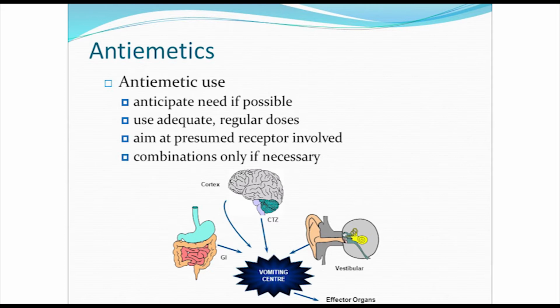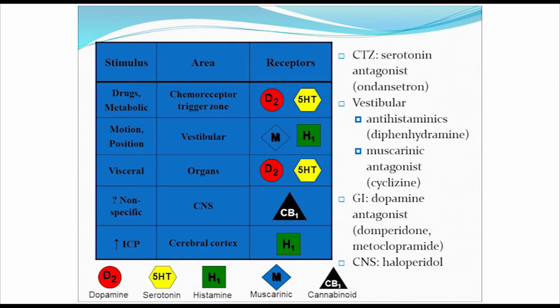No, 3 times daily. And think of the organ or the receptor that is involved. I will not go into the details of the antiemetic drugs, but it's important to see what stimulus is involved, so which receptors we want to target so that we can give the proper medication.